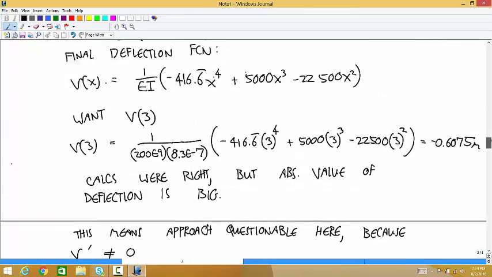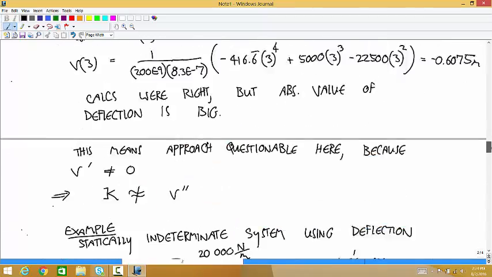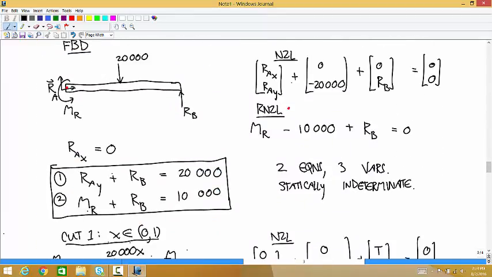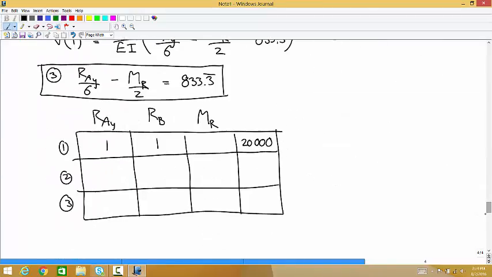The second equation: M_R plus R_B equals 10,000. So 1 M_R, 1 R_B equals 10,000. And then our third one says R_A y's 1/6, M_R's -1/2, and a constant of 833.3 repeating.